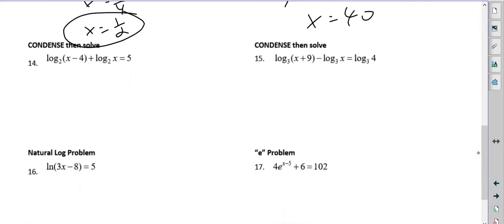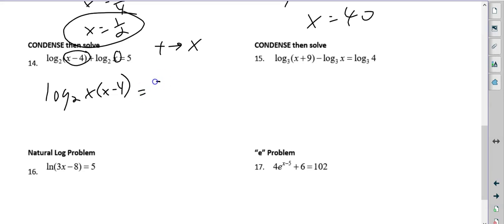Condense, then solve. Okay? Remember, plus turns into multiplication. We're going to condense first, which means we're going to write log base 2 only once. And then this times this. Equals 5.